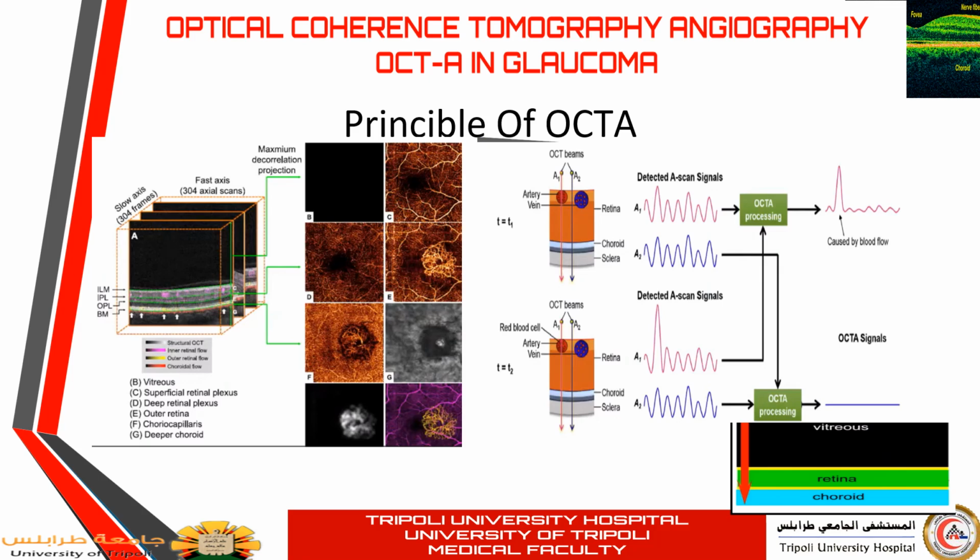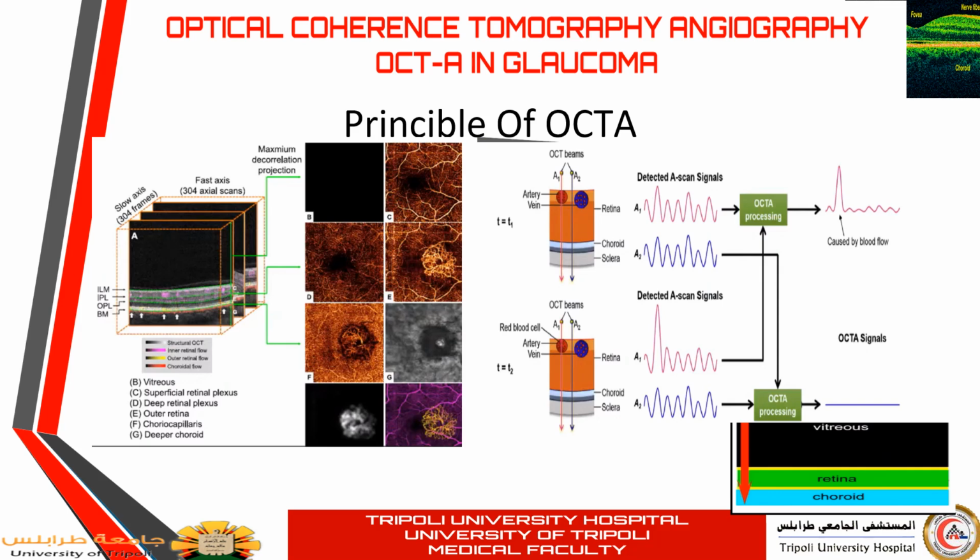So you can see that the spot in the red here, this is an A scan passing through an artery, and another A scan passing between the artery and the vein. And in the lower image, the same A scan passing through the artery, but now it hits an RBC, red blood cell.